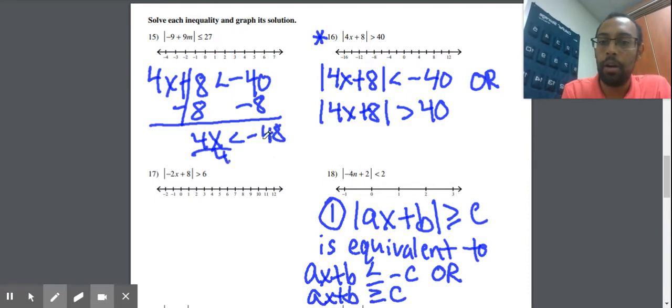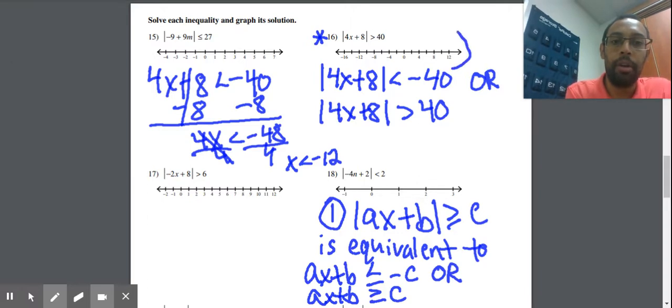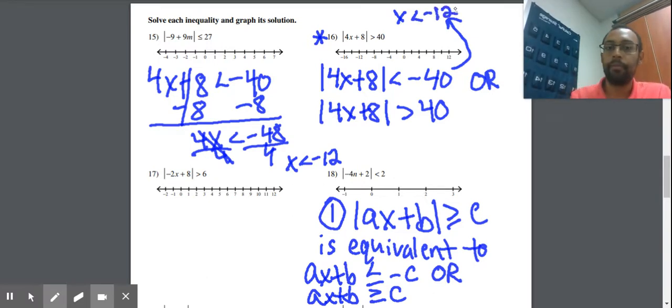Divide by 4. Divide by 4. We get x is less than negative 12. So for this one here, I'm going to put it up here. x is less than negative 12. Okay, so that is from solving the first inequality.